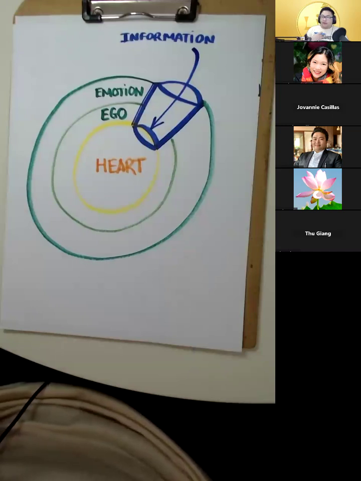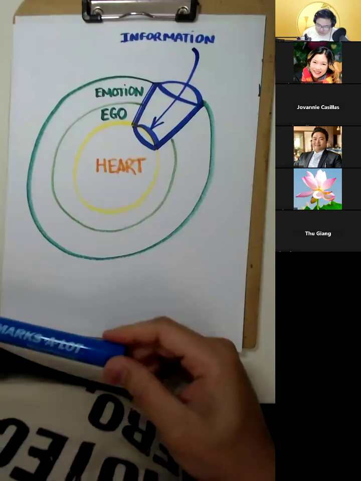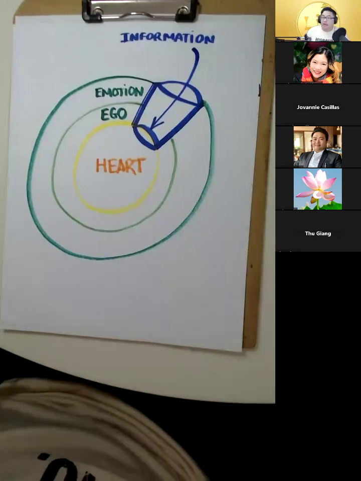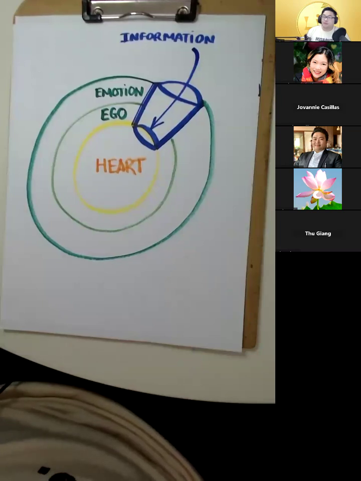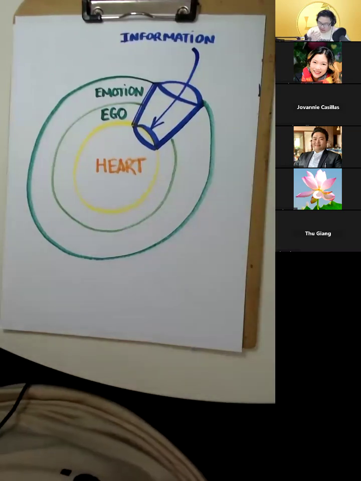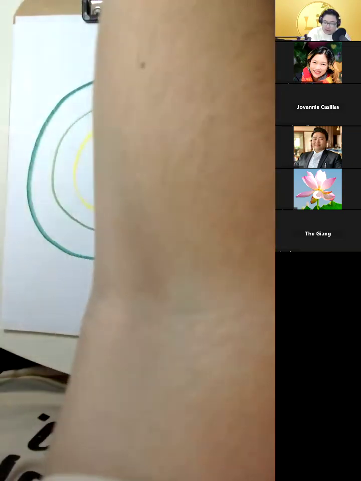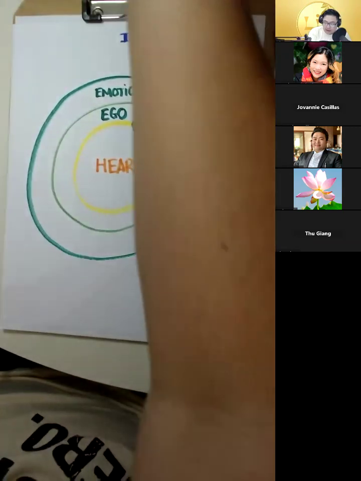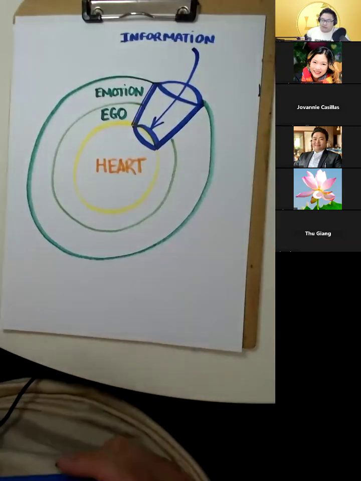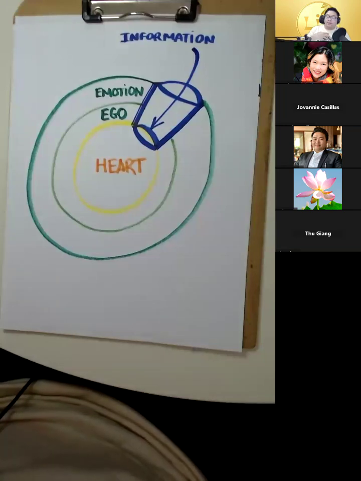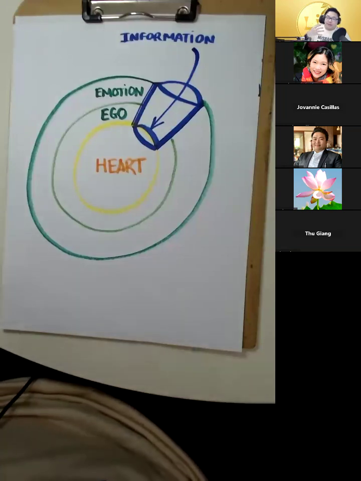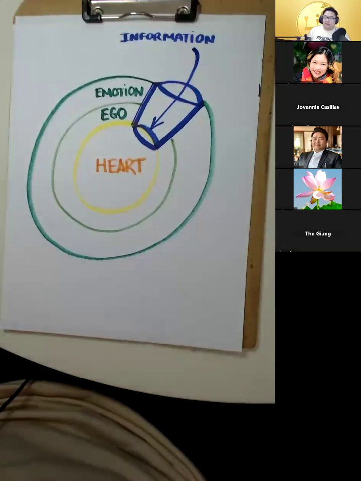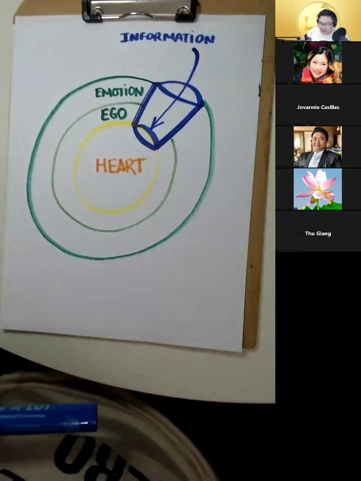And for this, I'm gonna need to use an example to help us understand. So again, there are three layers of our inner self, which is our heart, our ego, and our emotion. So imagine when information comes to us, the way that we accept that information can let us know if we have reached inner peace or not.